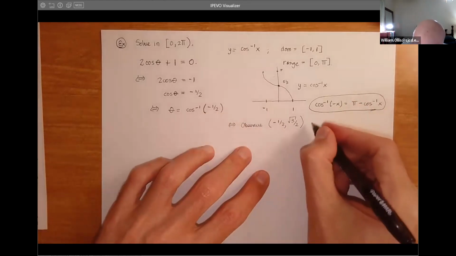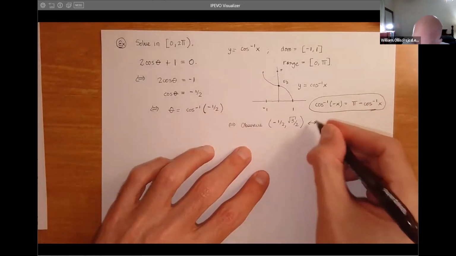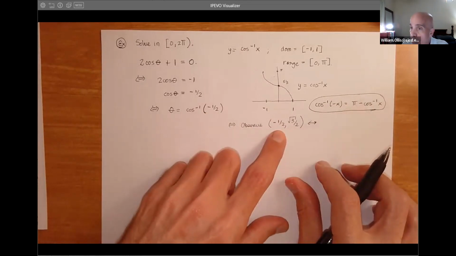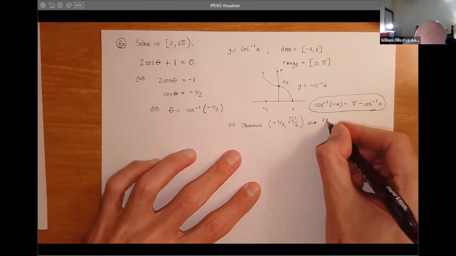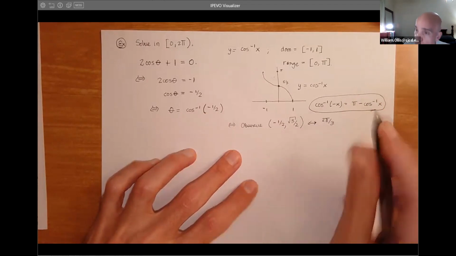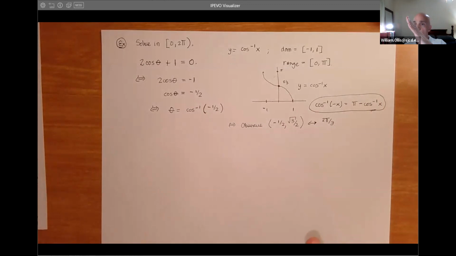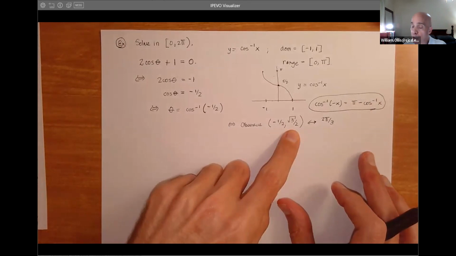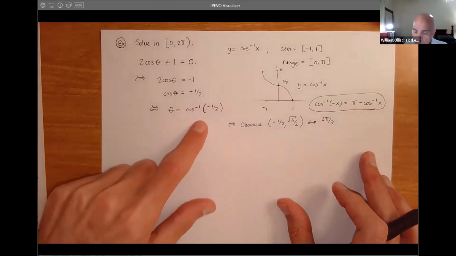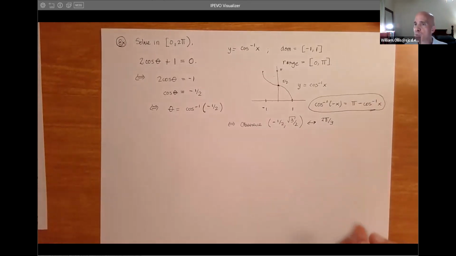And then you say this corresponds to what angle? Well, that angle is 2 pi over 3 in your unit circle. So it's like you think of reference angle. If you're here at pi over 3, that's 1/2, √3/2. That's no good. So you look into the second quadrant, -1/2, √3/2. So the inverse cosine has to be respected.